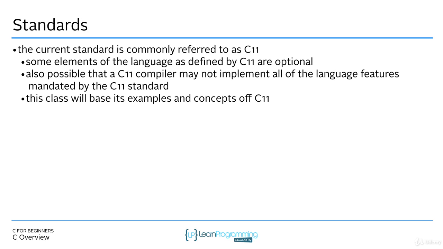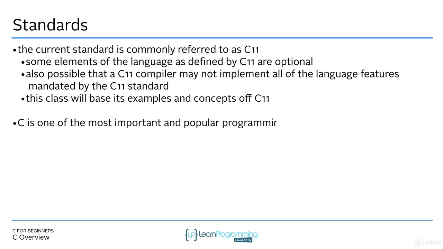We'll talk about all three standards, but we'll focus on C99. Just to describe a little, a C11 compiler may not implement all the language features mandated by the standard. That happens sometimes. But we'll base our examples and concepts on all three standards, focusing on newer concepts in C11, but mainly C99, which covers the basic concepts.